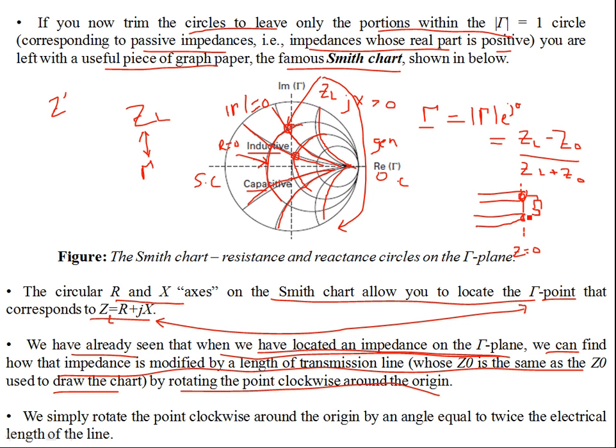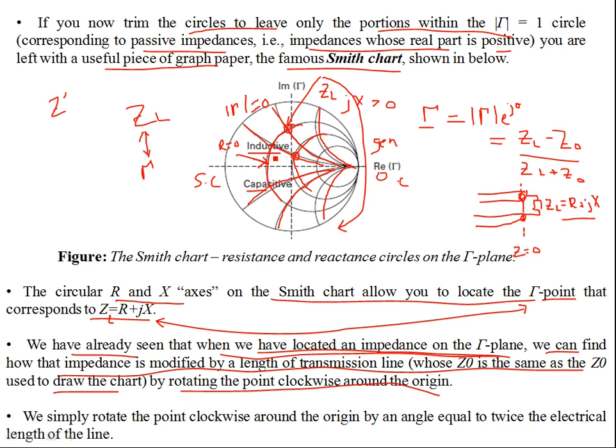If it is inductive, your load is on the upper half plane. If it is capacitive, you are looking at the plot of the load in the lower half plane. This ZL is in general equal to R plus jX.